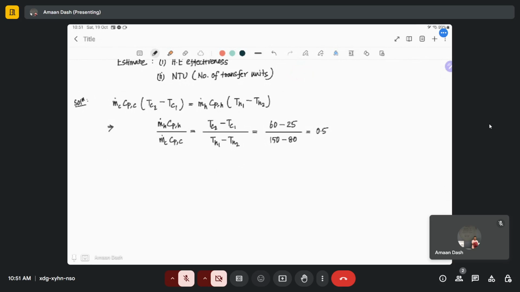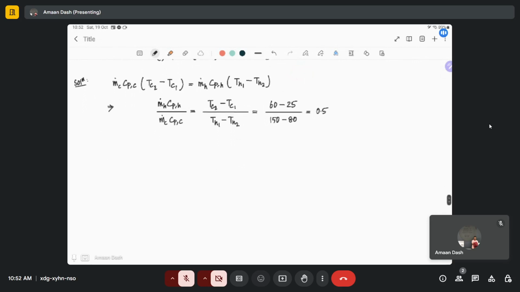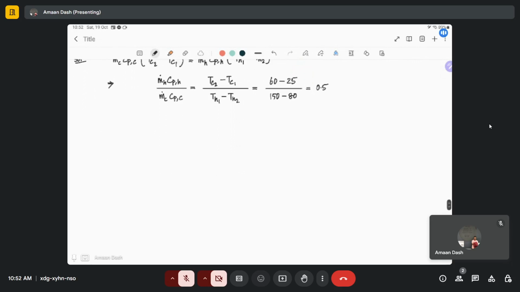Now, if you remember the expression for effectiveness, let me write, which is nothing but this epsilon is equal to CH times TH1 minus TH2, whole thing divided by C minimum times TH1 minus TC1.